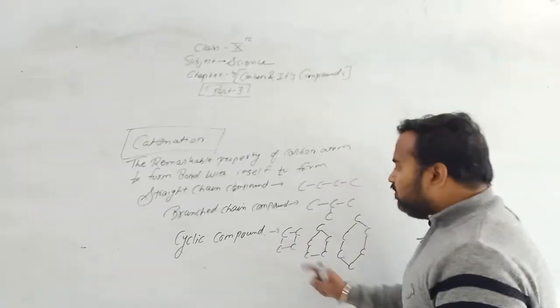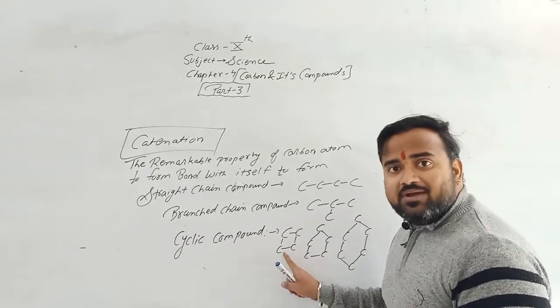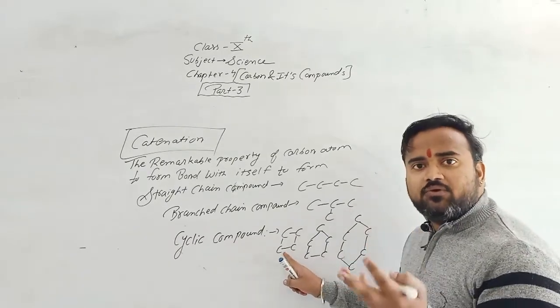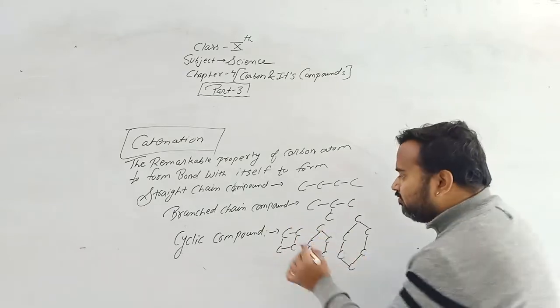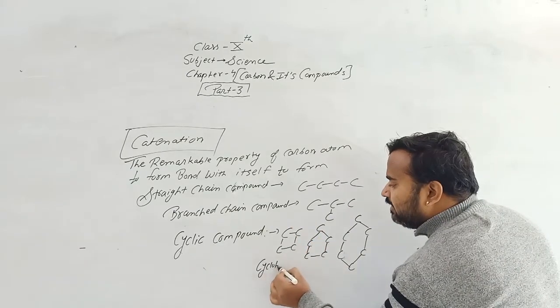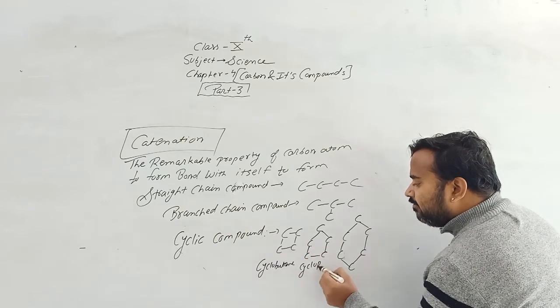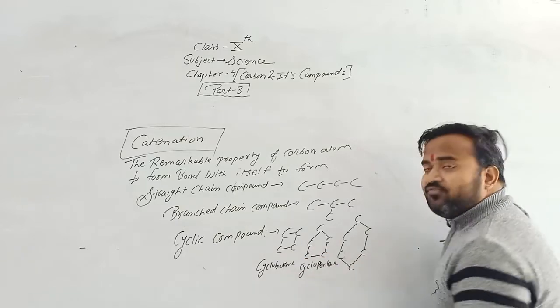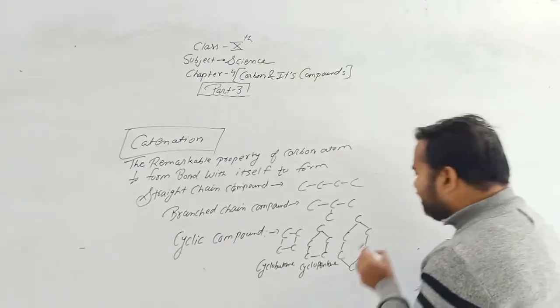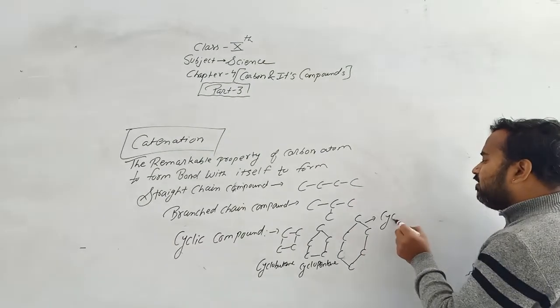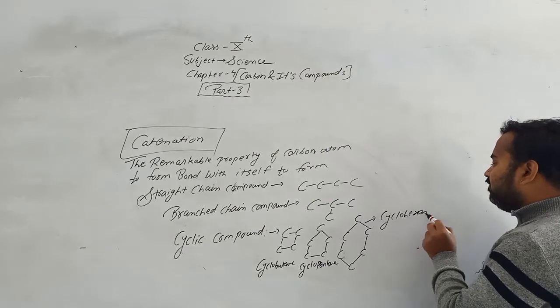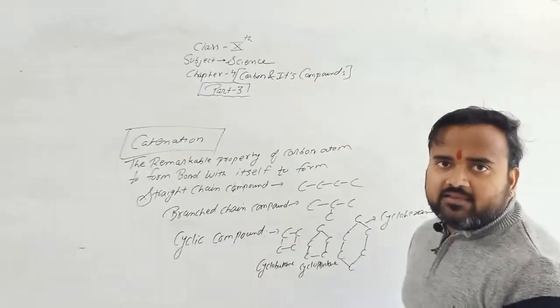So this is known as cyclobutane because four carbon atoms are present: 1, 2, 3, 4. Methane, ethane, propane, butane. This is cyclopentane because 5 carbon atoms are arranged in form of a ring, and this compound is known as cyclohexane.